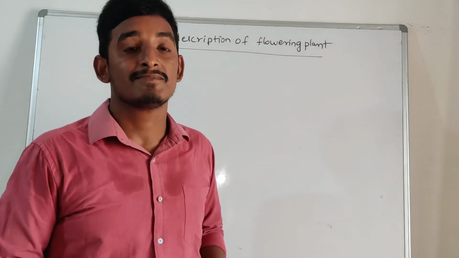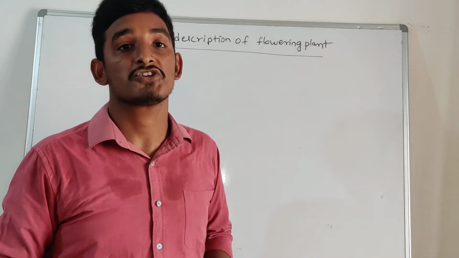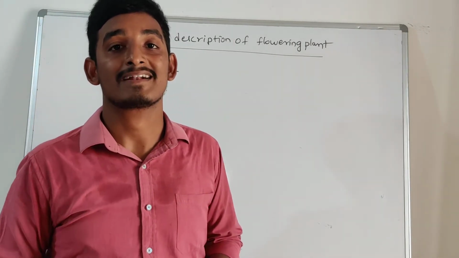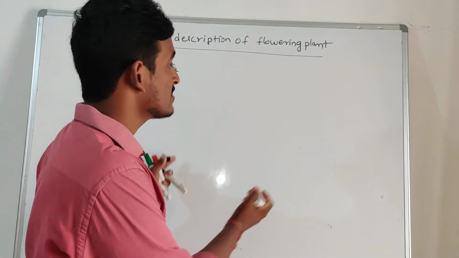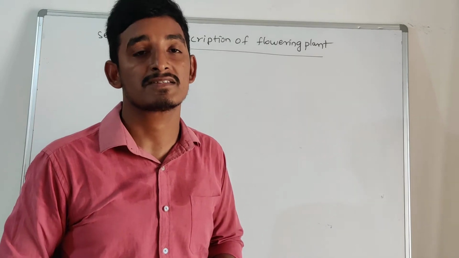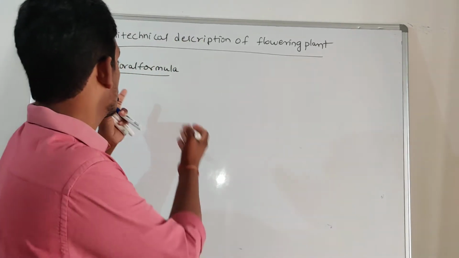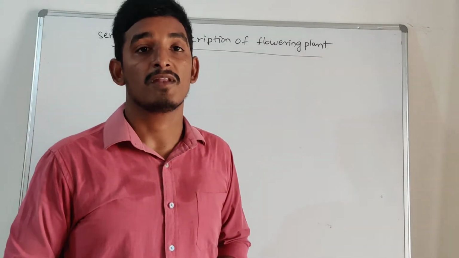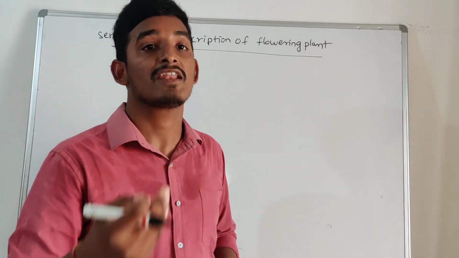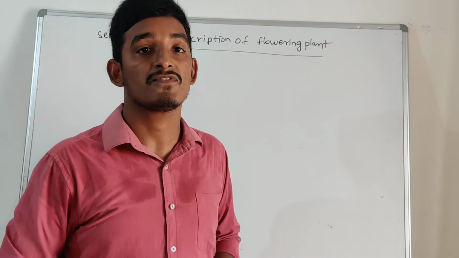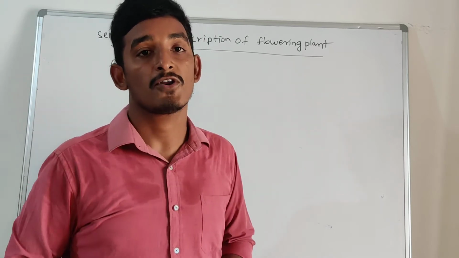Floral formula is a symbolic representation of various floral parts. We represent them with symbols, and we will discuss all those symbols now. What is the use of the floral formula? It is helpful to easily know the presence or absence of particular floral parts.